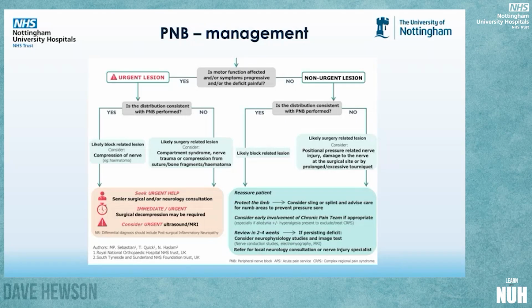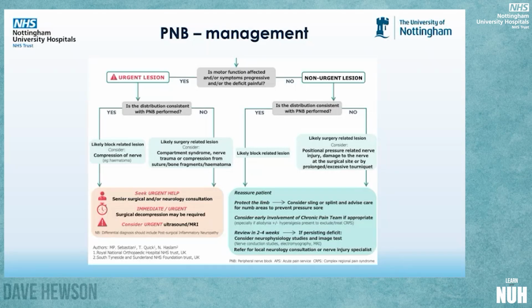It might be that they have a compartment syndrome. They might have a bone fragment or a plate from surgery which is causing nerve compression that again needs to be released. Or they might have something really simple like a plaster of Paris cast or a sling, which again needs to be urgently released.